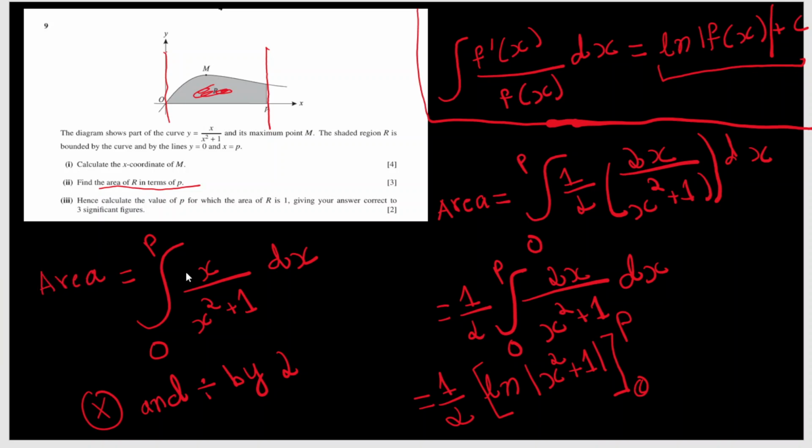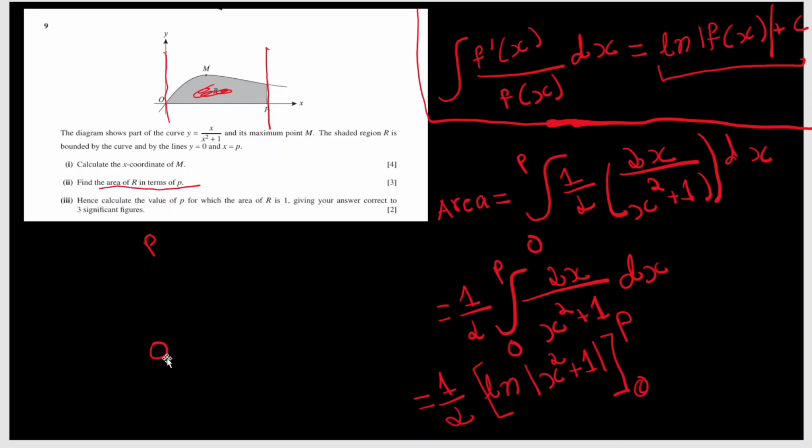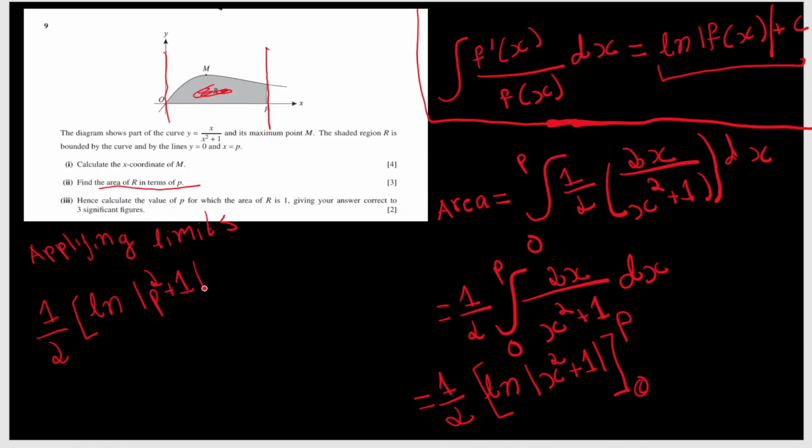So now we are simply going to be adding the limits. Sorry, let me remove this. So applying limits, this is simply going to be 1 over 2 ln p square plus 1 minus 1 over 2 ln 0 plus 1.